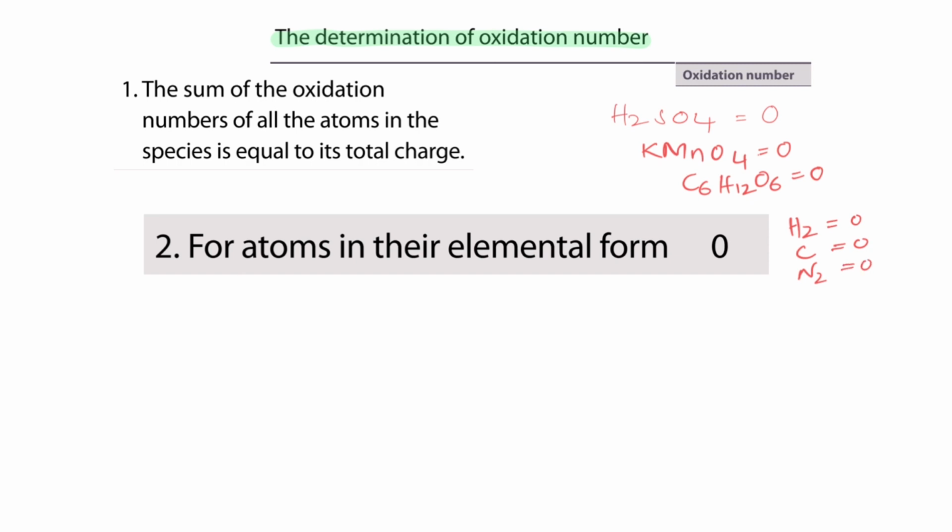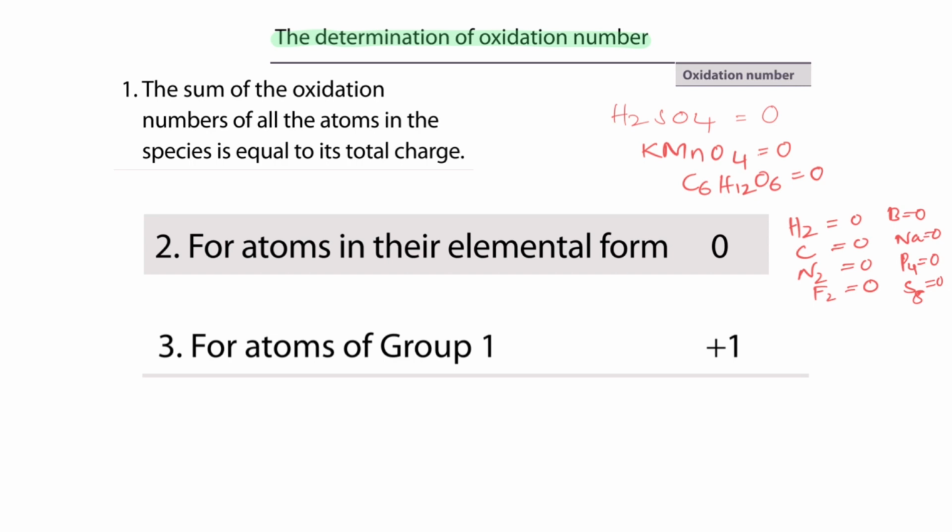Like this, halogen F2 oxidation number 0 in elemental form, boron 0, sodium 0, phosphorus 0, sulfur S8 also 0. Elemental form oxidation number is equal to 0.